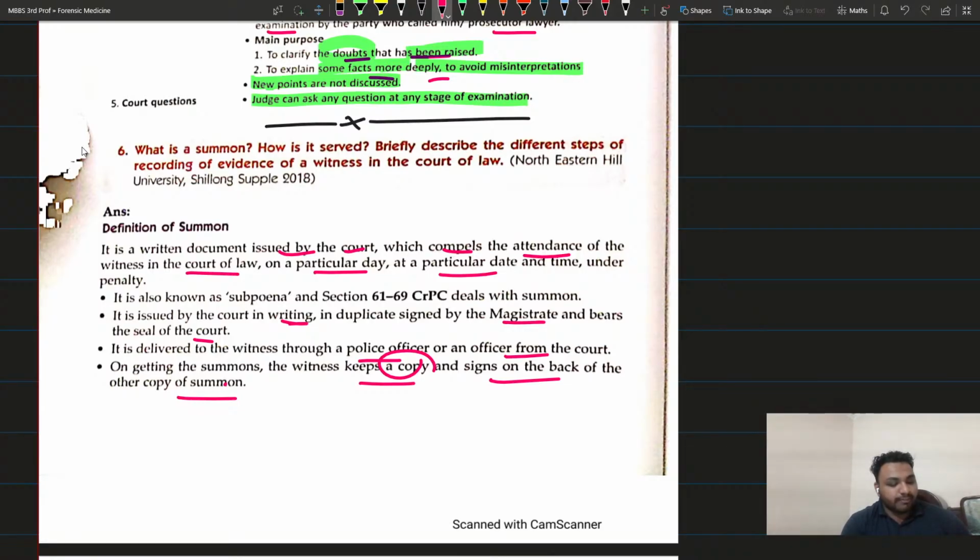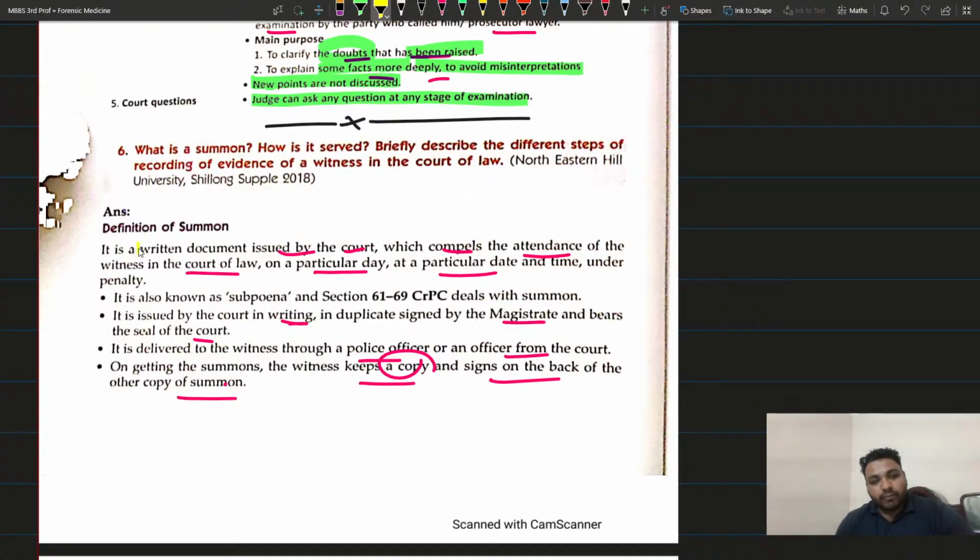So basically, what is a summons? Now, the definition of summons is basically a written document. Please read along, and make sure that the definition you write in your exam and practical is concise and direct, just the way it is written.